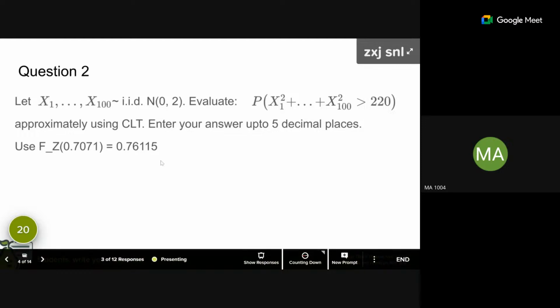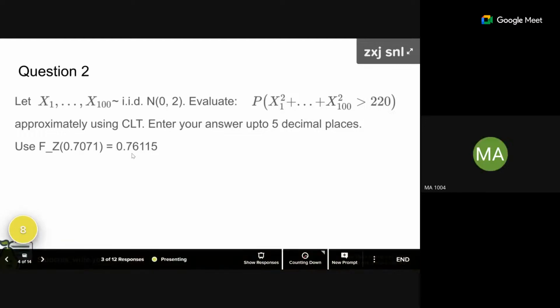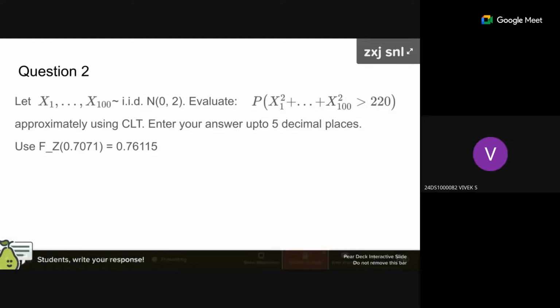If you find a change in the decimal points, the change will be only here: 0.761115. Instead of 5, there might be 6 or 4, depending on the accuracy of that table. Some tables will give you values till 2 digits only, so then it will be 0.76 only, but not a major change. No, I meant different F of z's.